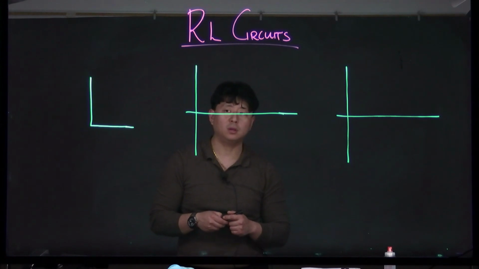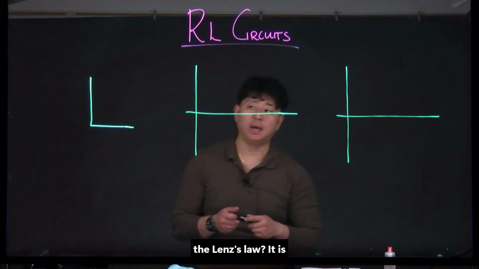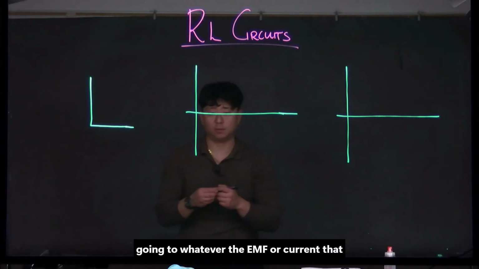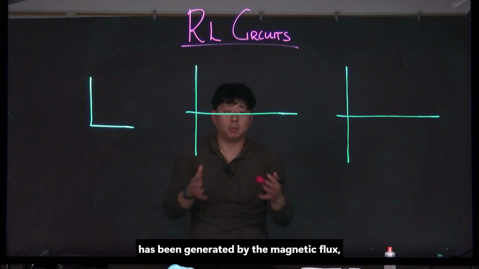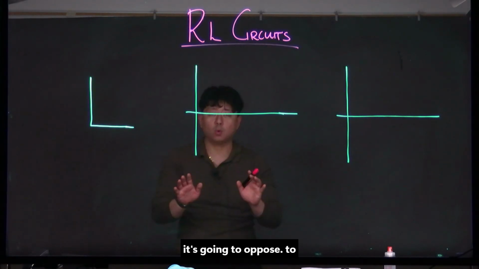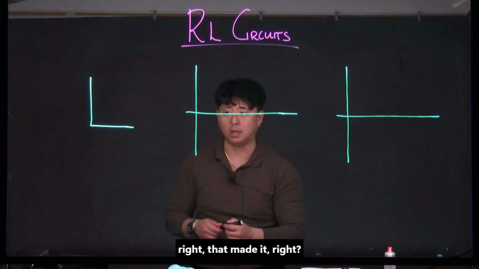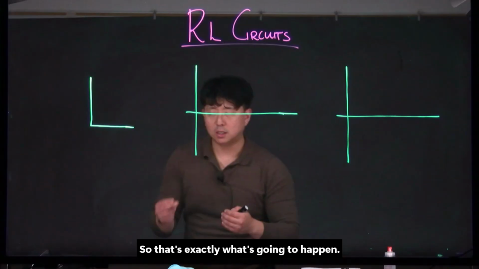Do you remember Lenz's law? Whatever the EMF or current that has been generated by the magnetic flux, it's going to oppose the direction that it came from. So that's exactly what's going to happen.